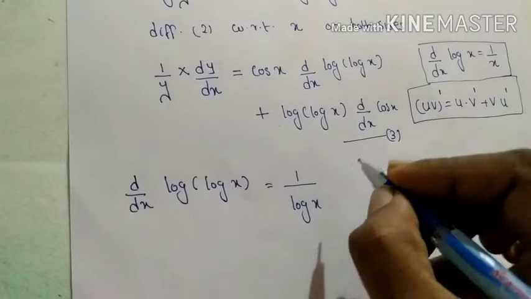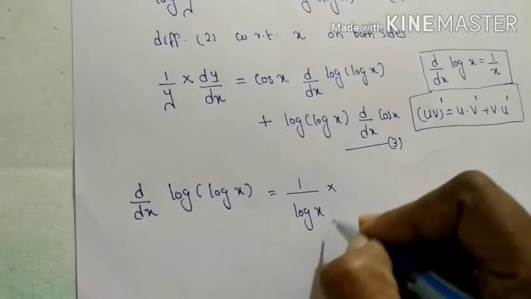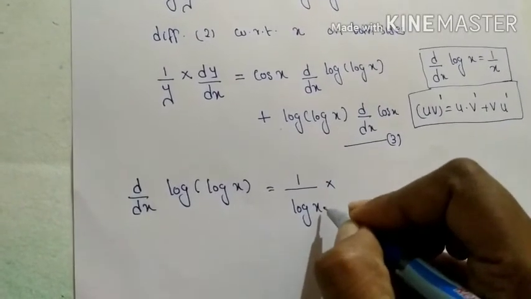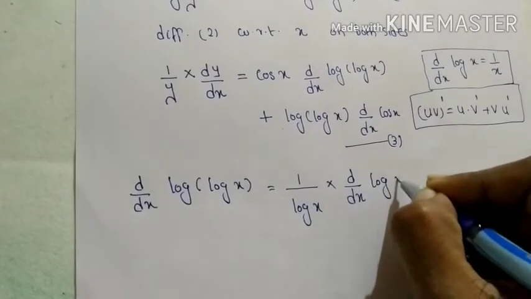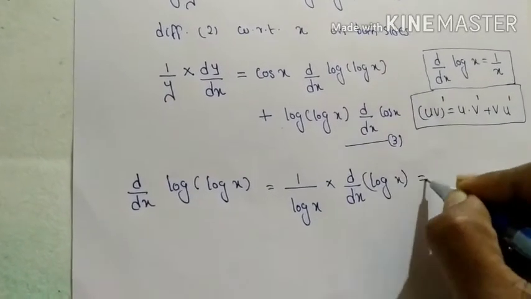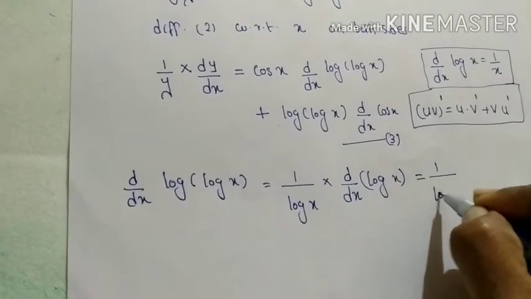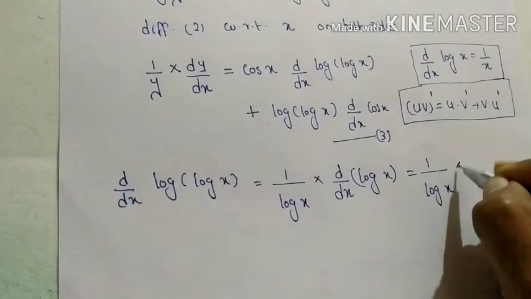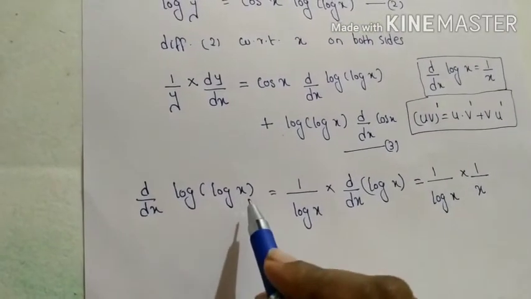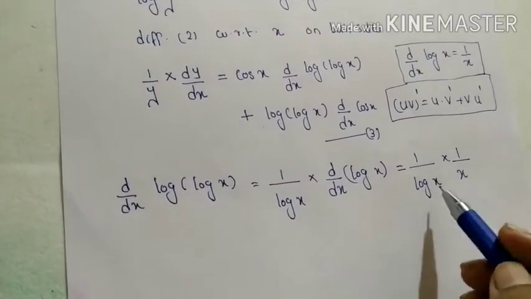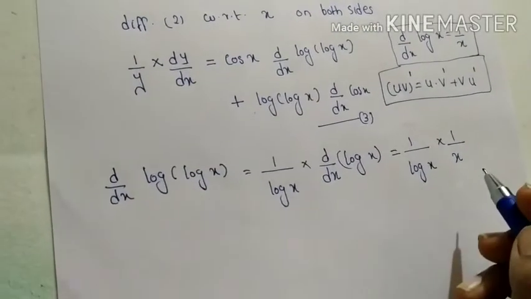So we need to differentiate the function log x again, d by dx of log x, which will be equal to 1 by log x into derivative of log x, which is 1 by x. So we get the derivative of log of log x as 1 by x log x, or log x into x.